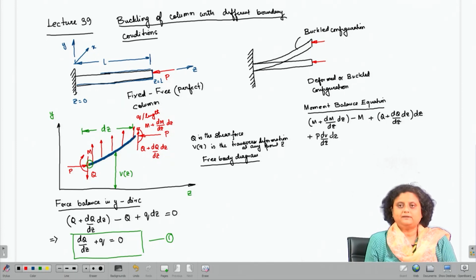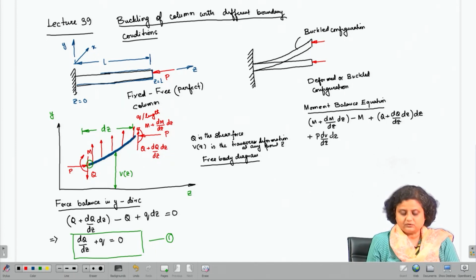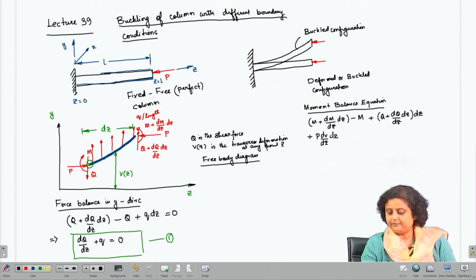The total moment is actually going to be the difference of Vz, which is dV. We write this as dV by dz into dz, plus the moment because of the external force, which is q into dz into dz by 2. Now, that has to be equal to 0.